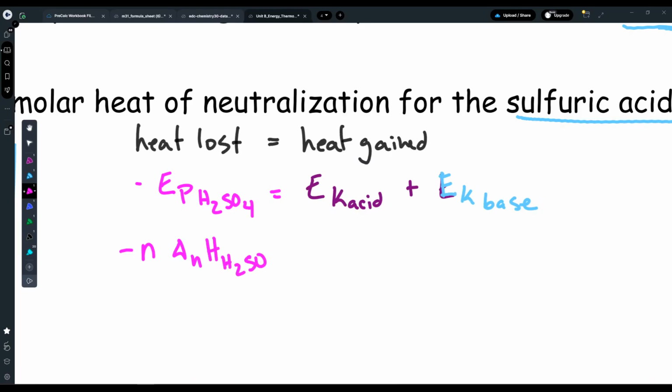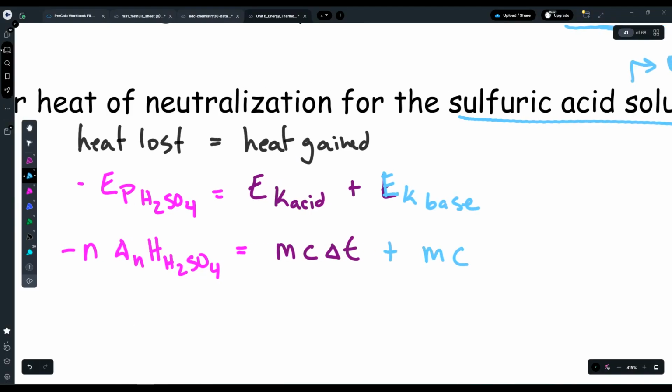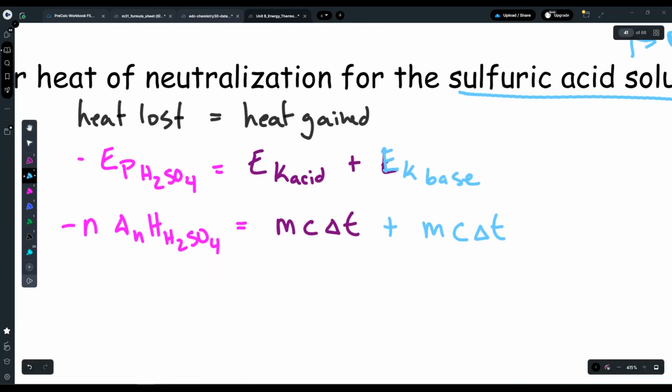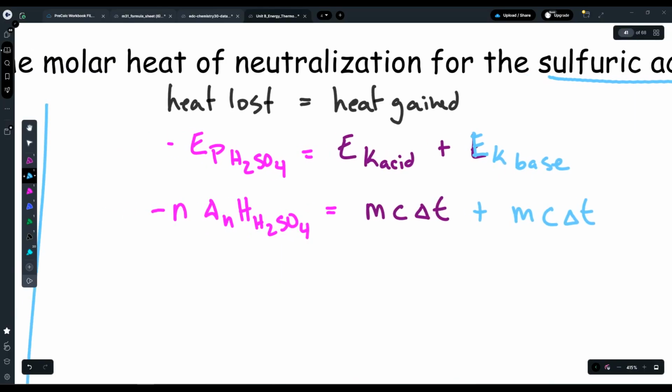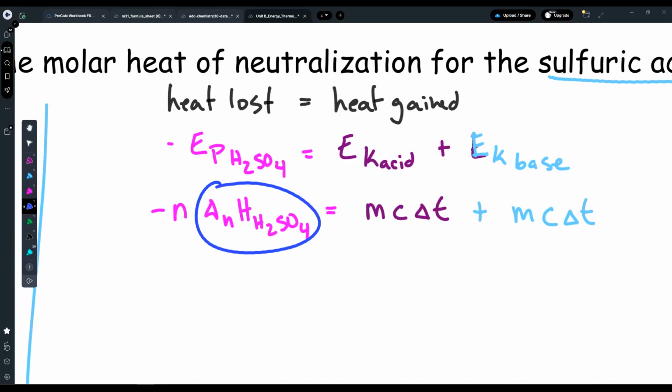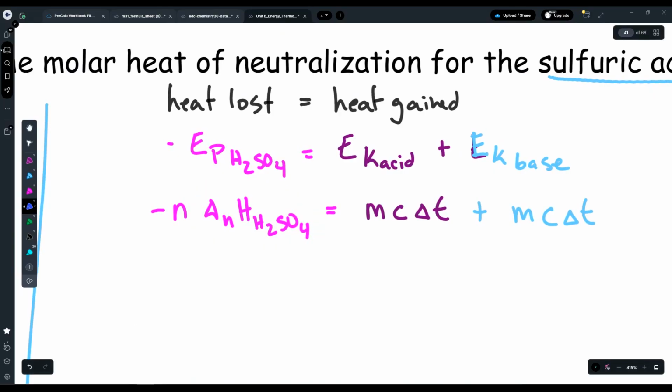So moles times the molar enthalpy of neutralization for sulfuric acid is going to be equal to mass times specific heat times change in temperature of the acid plus mass of the base times the specific heat capacity of the base times the change in temperature of the base. So we're looking for this term to be isolated, so we need to isolate it by dividing by negative moles.